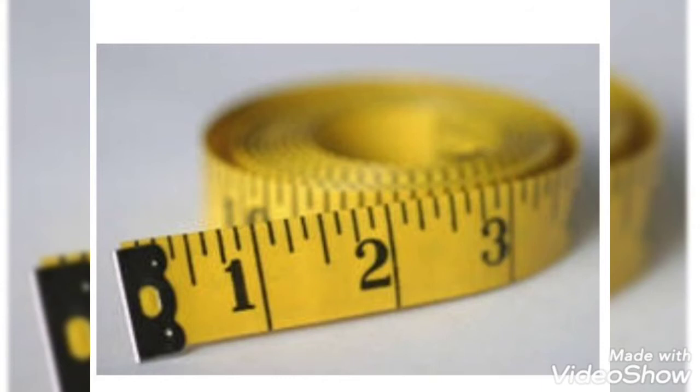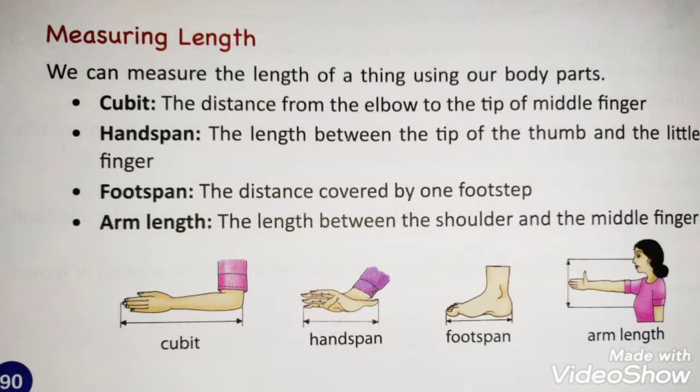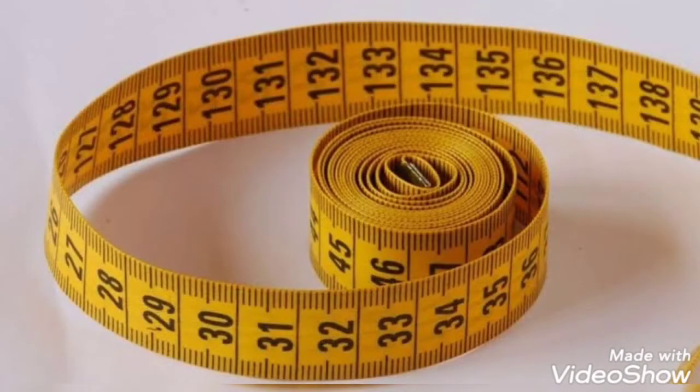Children, many times while measuring the length of a cloth or a furniture, we use our elbow to measure the distance. And this distance from elbow to the tip of the middle finger is known as cubit. So, children, while measuring length, we can use our body parts.